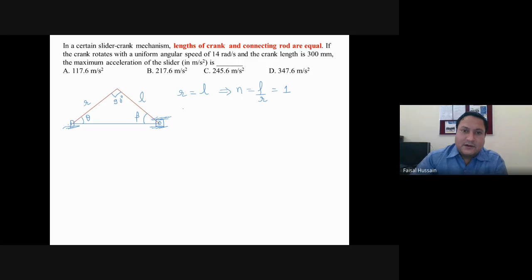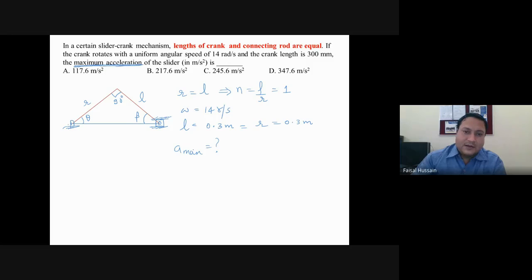The speed is given: omega, angular speed of the crank, is 14 radian per second and length of the crank is 300 mm, that is 0.3 meter. Okay. The maximum acceleration, very good, maximum acceleration. Now tell me, we have to determine what? Maximum acceleration. And already I have told you, if L equal to R, then R will also be 0.3 meter.